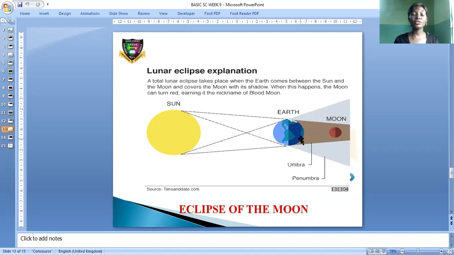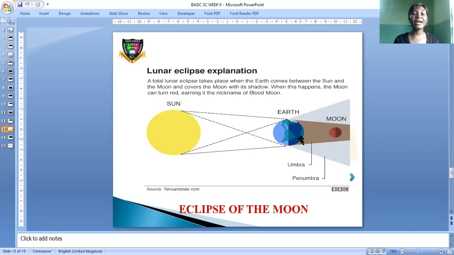Also, we discussed eclipse and the two types of eclipse, the solar eclipse and the lunar eclipse. We discussed that the solar eclipse occurs when the moon gets in between the sun and the earth, thereby blocking the earth from receiving sunlight from the sun.